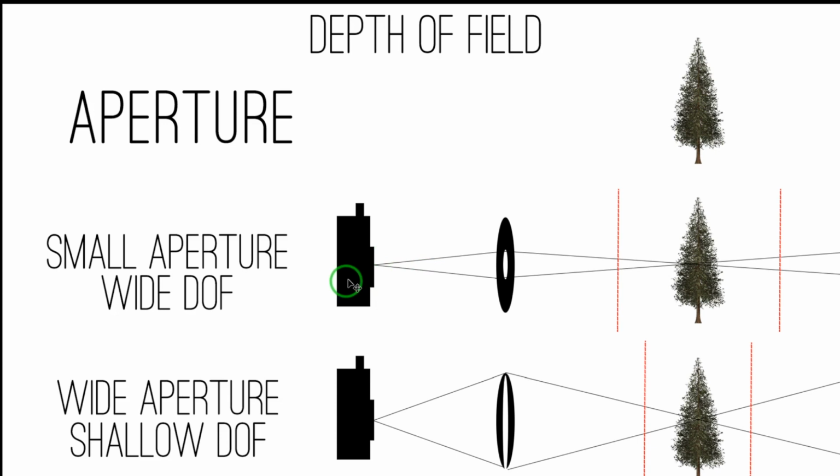So right here, what we've changed is this opening. When you have a small opening, your light rays are spreading apart much slower, so you're going to have this wider depth of field. With a large aperture, your light rays are spreading apart much faster, so you're going to have a shallower depth of field.